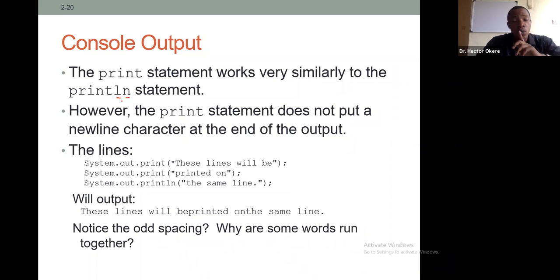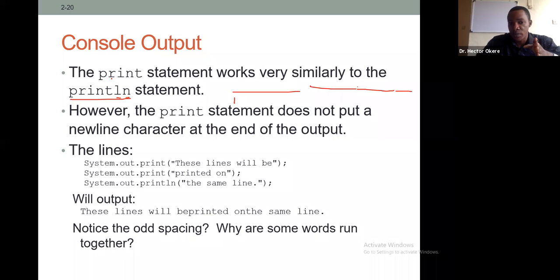The print statement will not add a new line at the end of the output. At the end of your output, new line is what the print line statement does. But with the print statement, at the end of your output, it just stays there. So if I want to print something new, print right beside it.